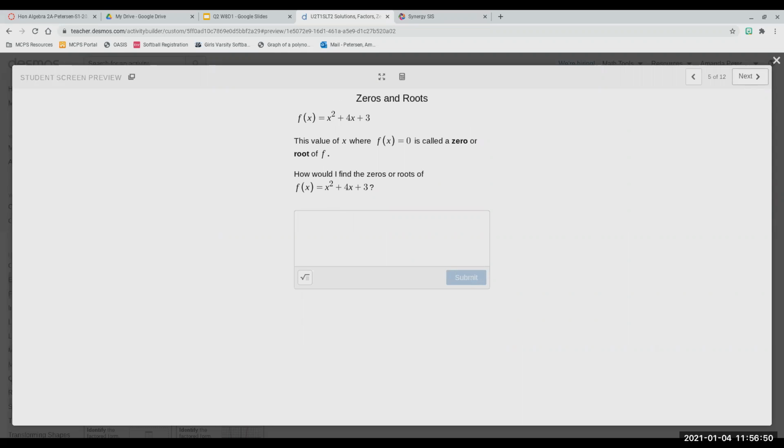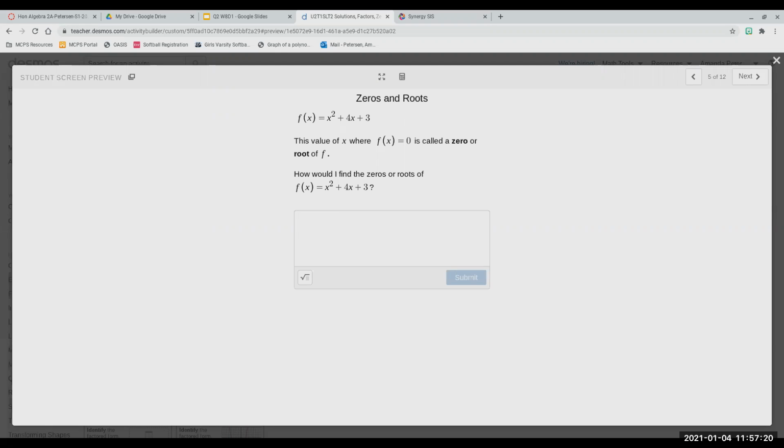So let's go ahead and talk about a couple more words that are connected with sketching and with these quadratic equations. Those two vocab words are zeros and roots. So we're looking at the same function, x squared plus 4x plus 3. The value of x where f of x, the function, is equal to 0, is called a zero or root of f, which makes sense, right?